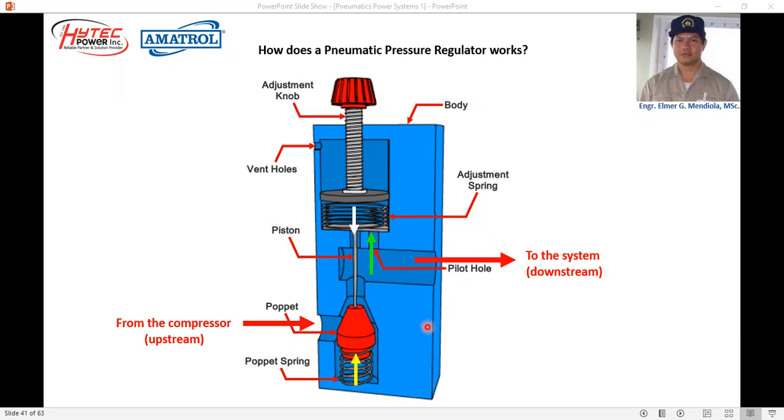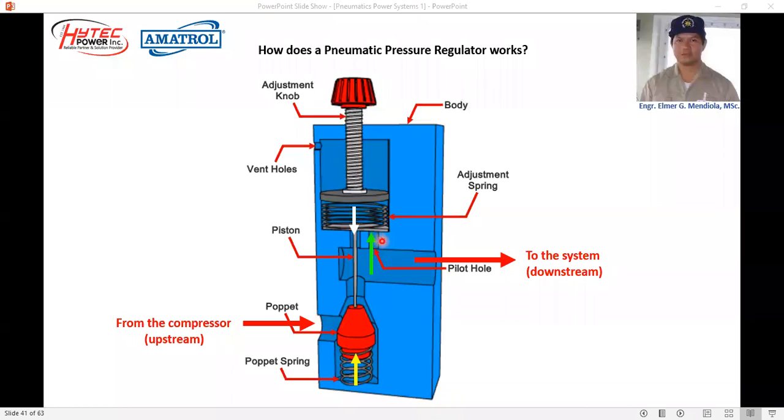Here we have three forces involved. We have the downward force, which is created by the adjustment knob onto the spring and into the piston, which is also connected to the poppet. And then we have the poppet spring force, which is directed upwards, similar to the pressure or force created through the pilot hole.